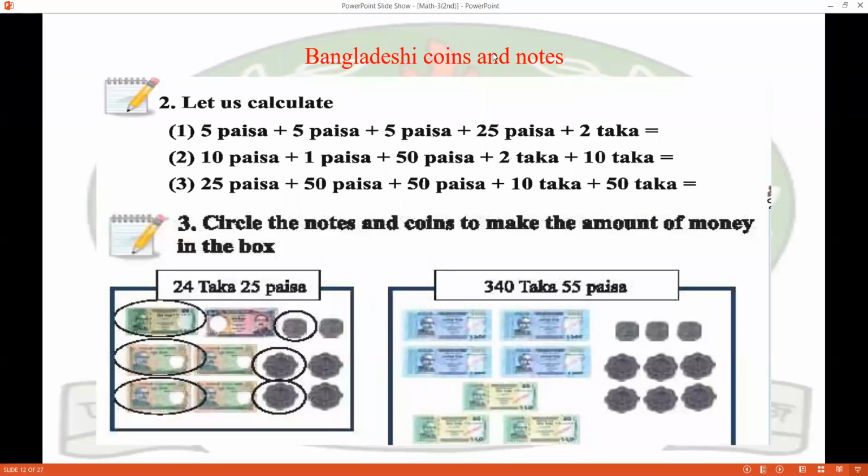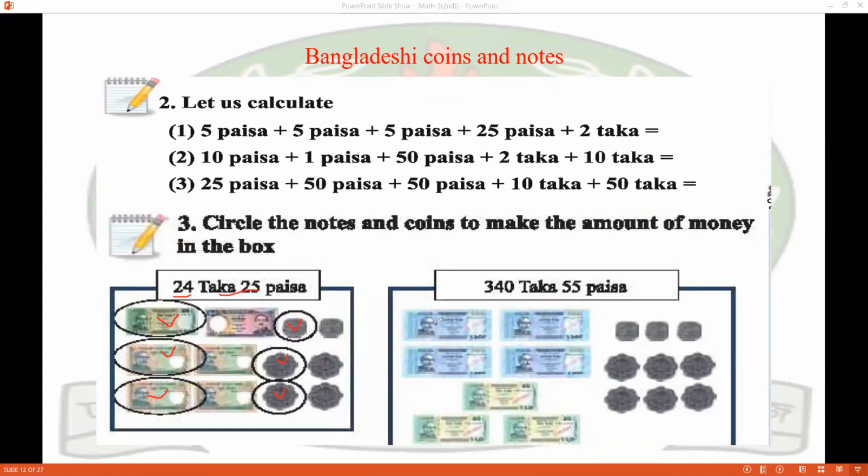So this is 5 paisa, this is 10 paisa, this is 10 paisa, this is 20 taka, this is 2 taka and 2 taka. So there will be total 22 taka, and 10 paisa, 10 paisa, and 5 paisa. There will be 25 paisa.